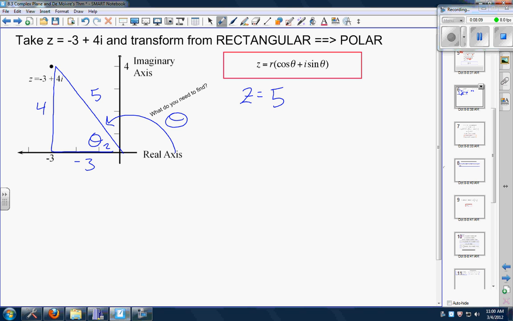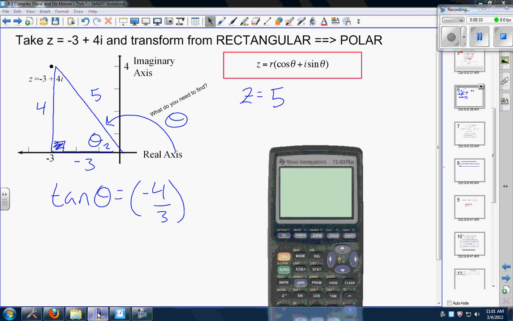Now, you can use any of your trig functions because this is a right triangle, but you're just going to have to adjust accordingly. I'm actually going to do a tangent, because let's say we screwed that radius up. We don't want to be using it if it's not correct. So I'm going to say tangent is opposite over adjacent. Go to the calculator.